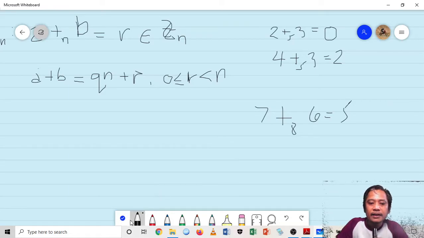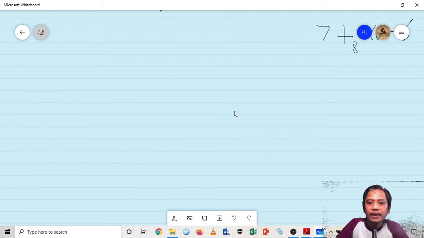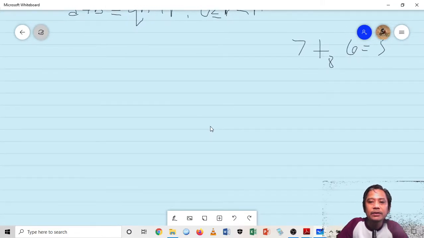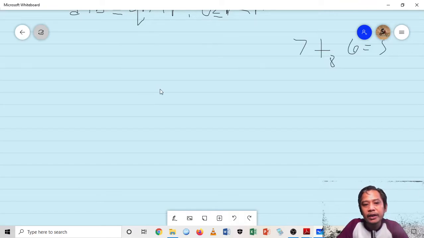Similarly, we can also define similar operations as the four fundamental operations modulo n. We can define in the same manner subtraction modulo n, multiplication modulo n, and so on.